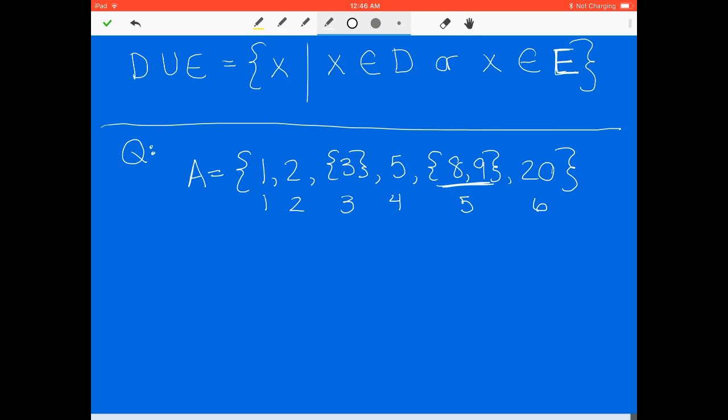Remember, these guys go together because it's a set. So it's counted as 1. So the cardinality of A is equal to 6.